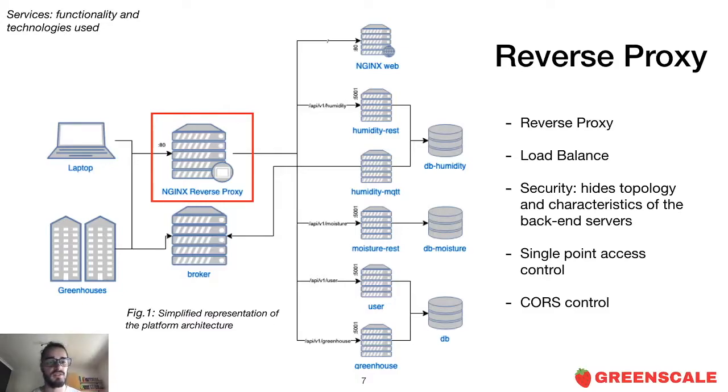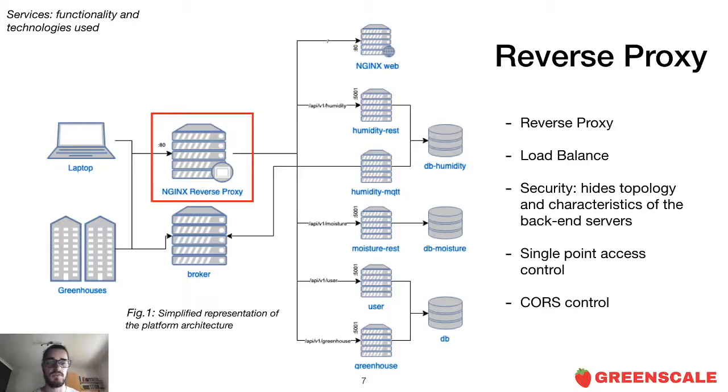Starting with the Nginx reverse proxy and load balancing server. Any REST request that hits one of the services needs to pass through it. The server looks at the URL and redirects the request to the defined service. This hides the topology and characteristics of the backend servers by removing the need for direct internet access.